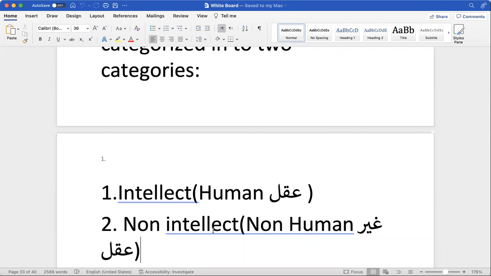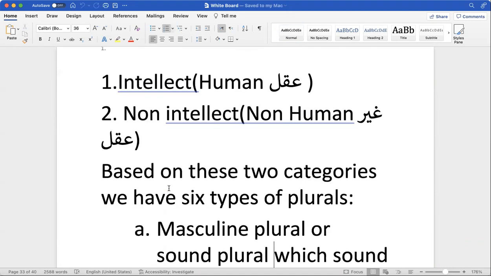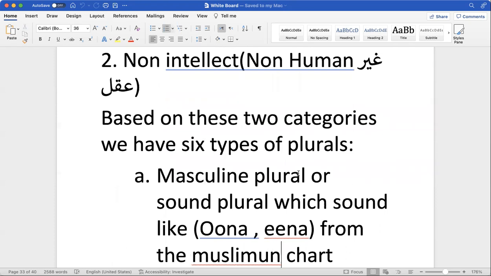For example, you can say stars, trees, right? Masjid and all kinds of building structures. Those are all non-intellect. So the plurals fall in these two categories in Arabic, right? Based on these two categories, we get around 6 types of plurals in Arabic language.